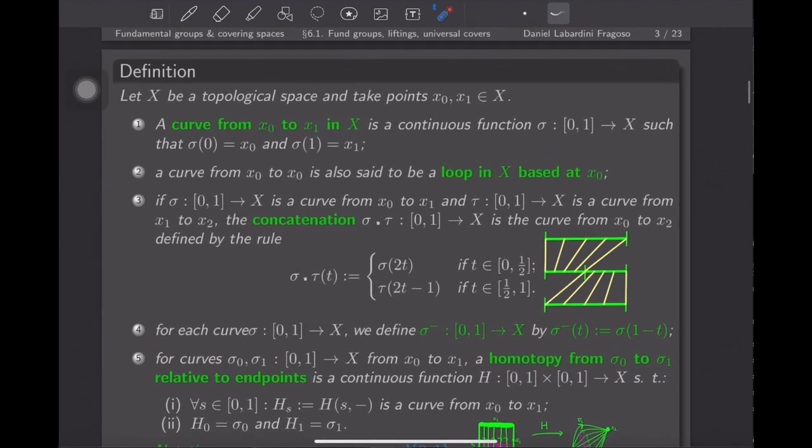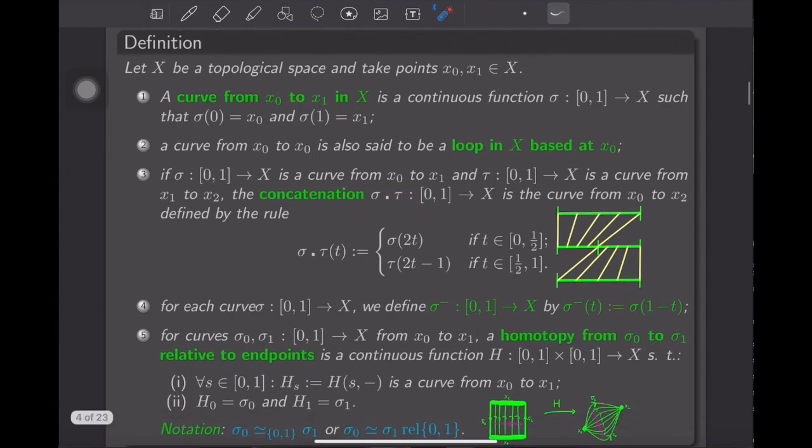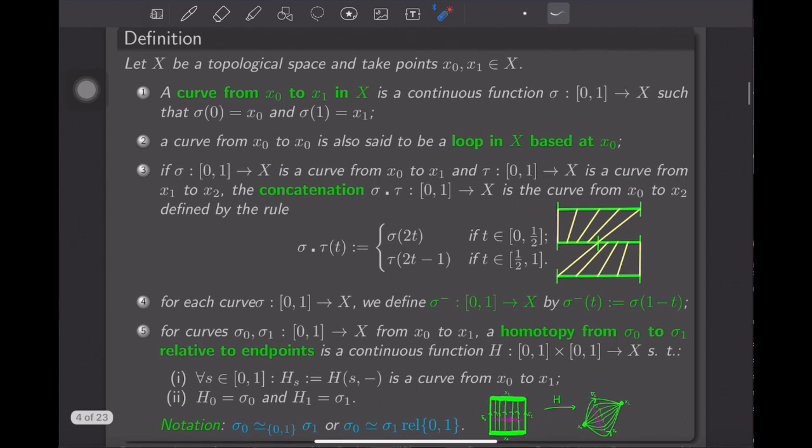Observe that I'm going first from x0 to x1 via sigma, and then from x1 to x2 via tau. The notation for the concatenation is opposite to the notation that we are used to when composing functions. So that's important to always remember.